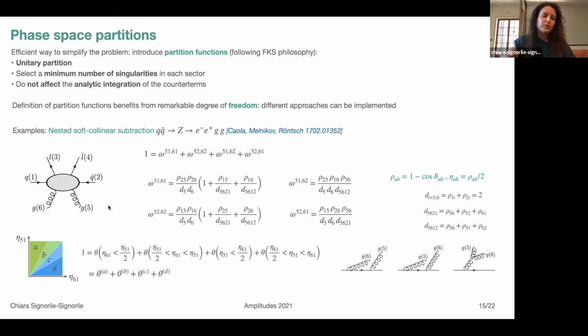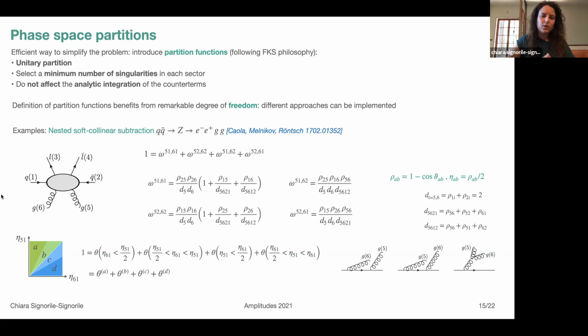The nested soft collinear subtraction is intrinsically based on a generalization of FKS. So essentially it's based on the idea of partitioning phase space using the angles of the partons emitted by the scattering.